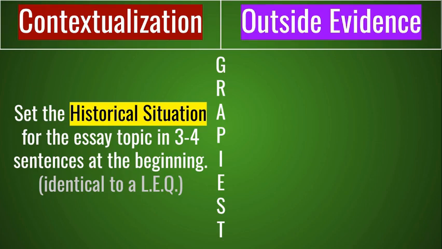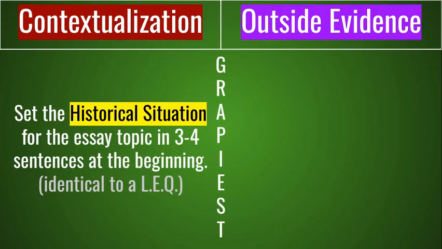This is the exact same process as the long essay question, but it needs to be detailed. If you're just vague and talking about change and other vague words, you're not going to fool the AP readers. So give us that background, show off that you know why this question is a good question, what leads up to the subject of the prompt.